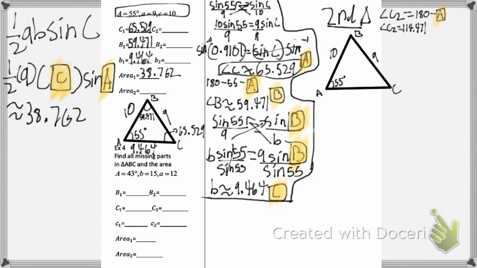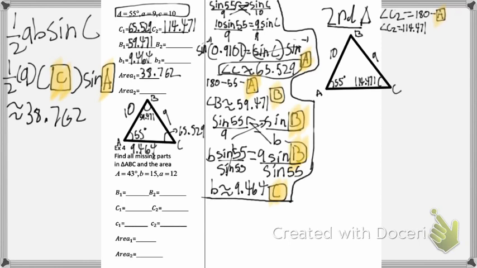Angle C2 equals 114.471 degrees. And let's write that into the triangle just to help.